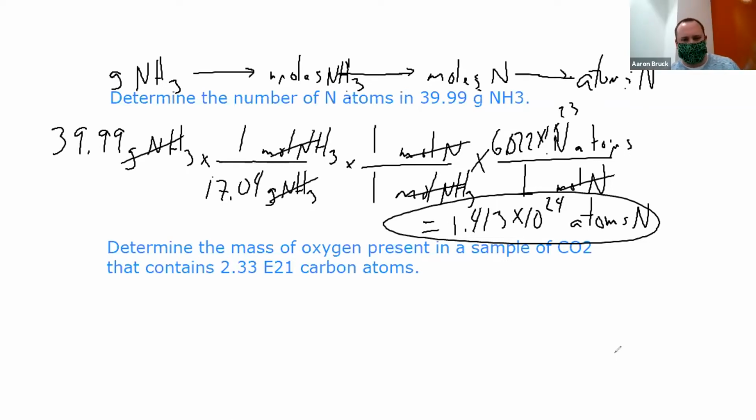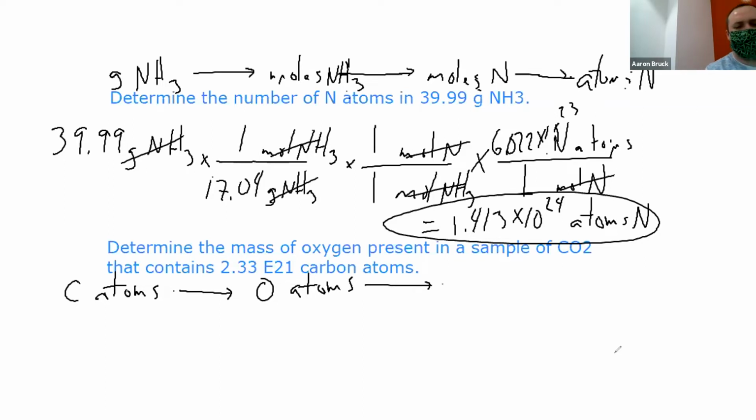For the second one, this one's a little bit trickier, but the guts of it are pretty close to the same. I'm going to have carbon atoms that I'm going to turn into oxygen atoms, which I can then turn into moles of oxygen, and then finally grams.